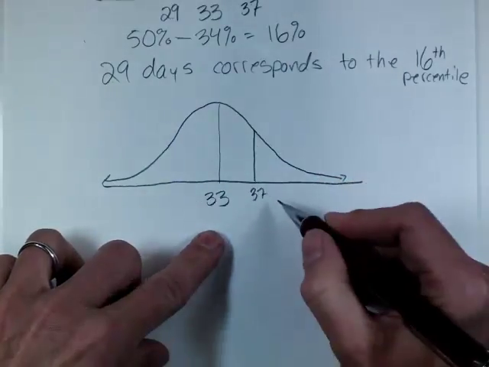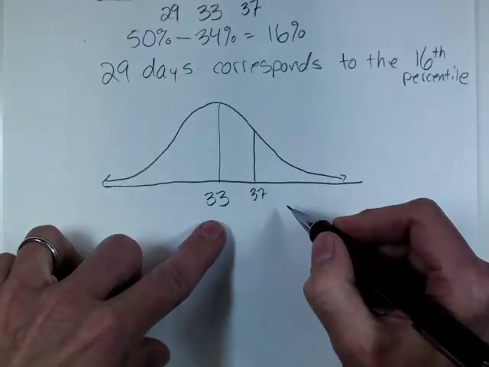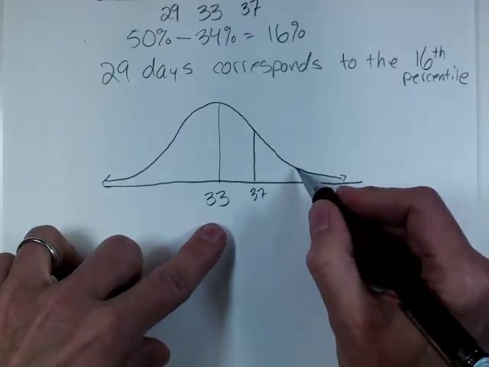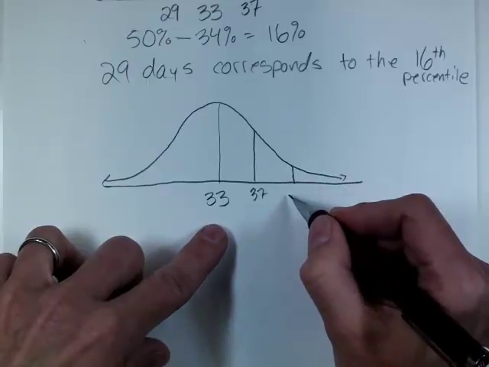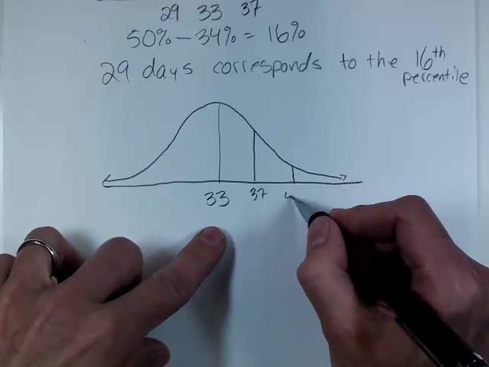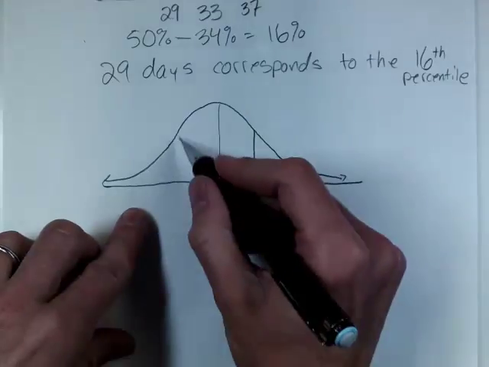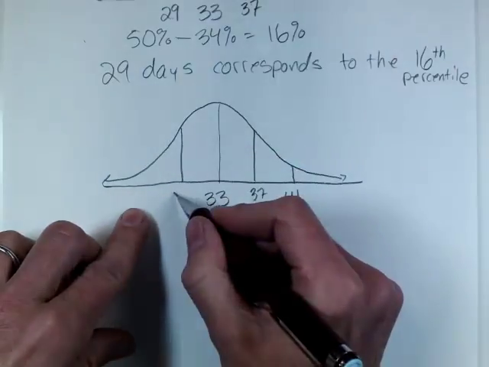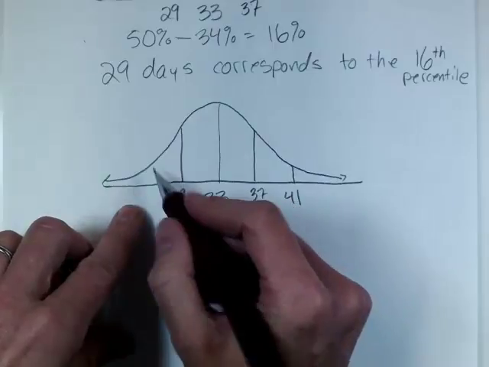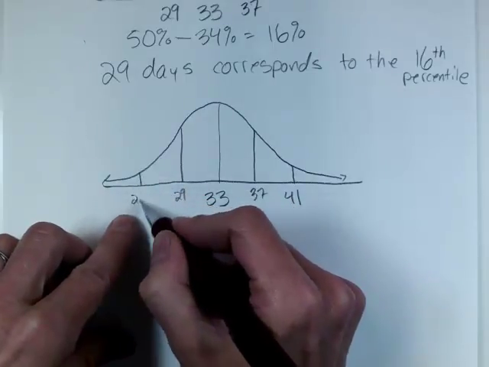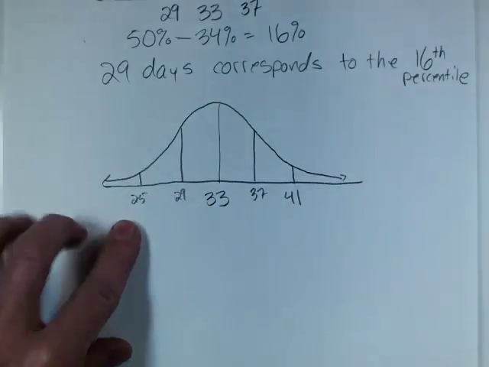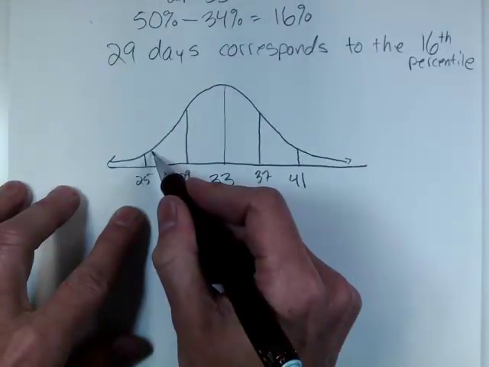If I add 4 to that, then what do I get? I get 41, right? So if I go 2 standard deviations below the mean, and then subtract another 4, this would be 25, correct? So what does the empirical rule say?